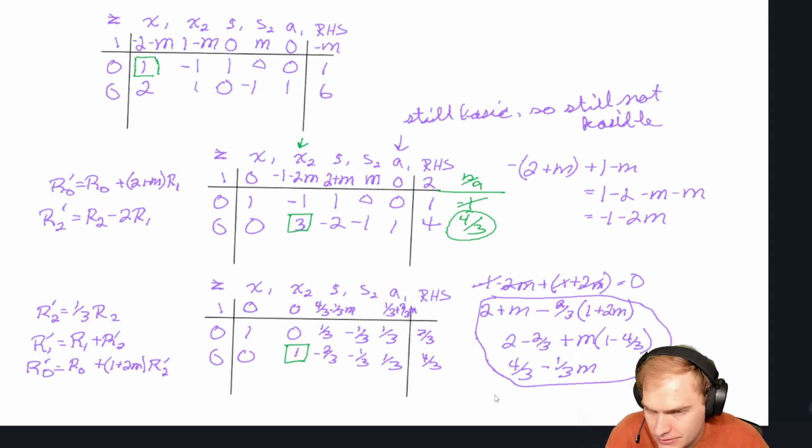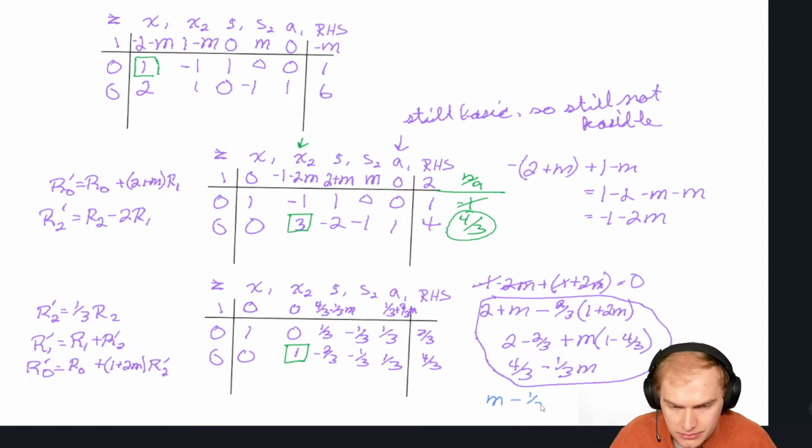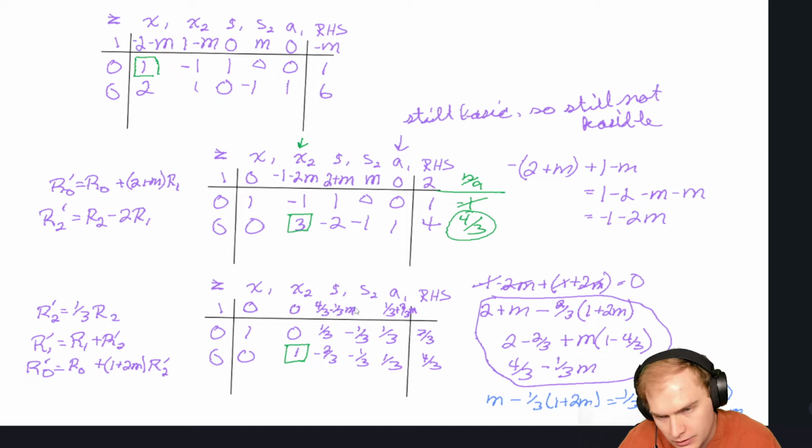S2 is m plus, correction, minus 1/3. 1 plus 2m is 1/3, negative 1/3 plus m times 1 minus 2/3 equals negative 1/3 plus 1/3 m. And that just barely fits.